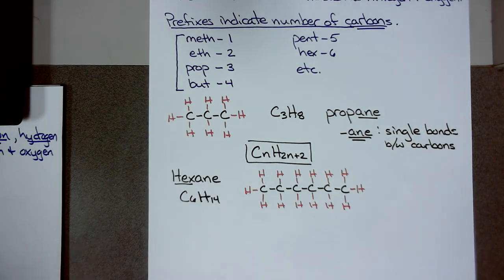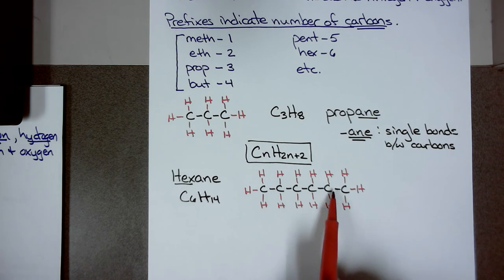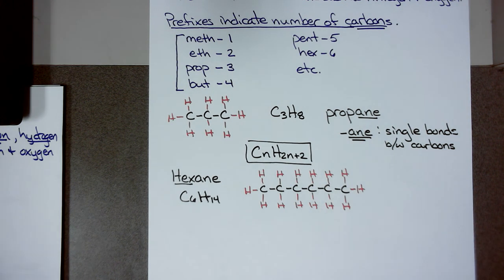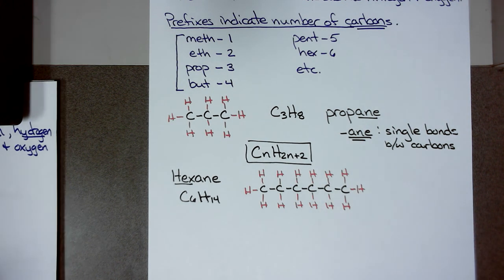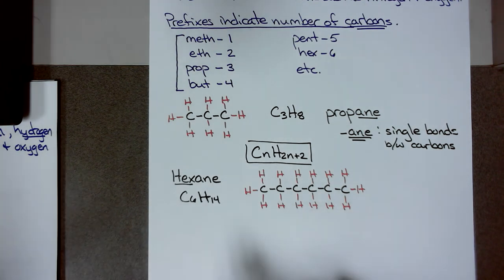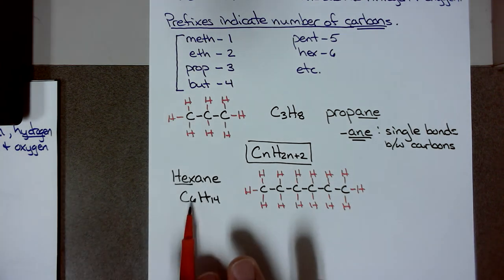So yes, it works. That's hexane because it has 6 carbons and single bonds between the carbons, so you would end with the suffix ane. Now, that's the basic organic compounds, which are called hydrocarbons because you have a bunch of hydrogen and carbon.